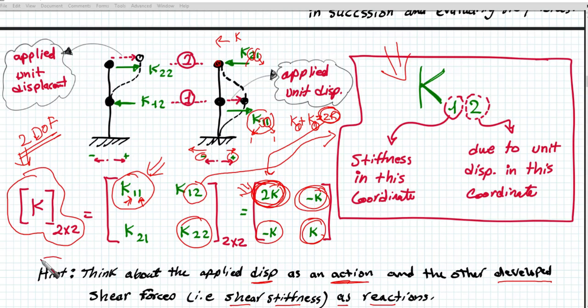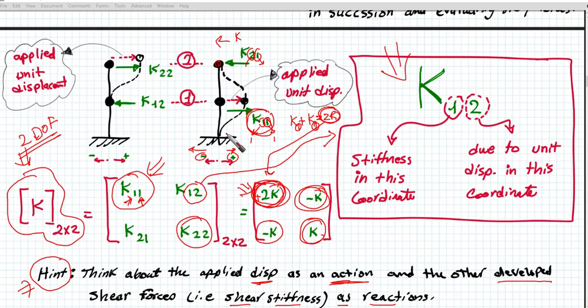And here comes the importance of the hint that I mentioned to you: think about the applied displacement as an action. So as if there is an action here, K11 is going to be positive. However, K21 is like resisting. We need to have resistance here.